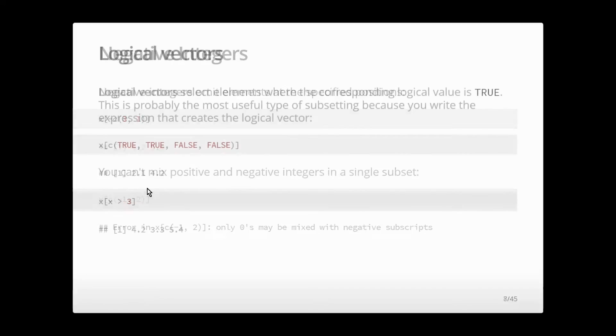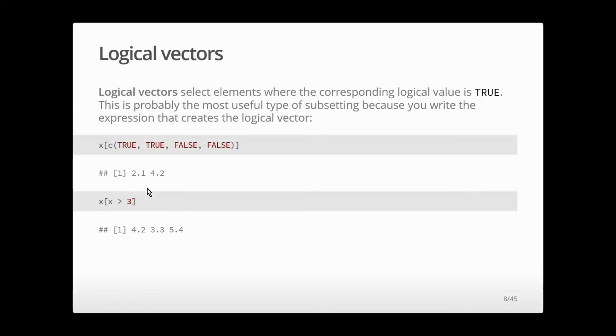That's how you subset using numbers. You can also subset with logical vectors, so you can use trues and falses. If it says true, true, false, false, it will return you the first and the second elements, and it doesn't return the third and the fourth.